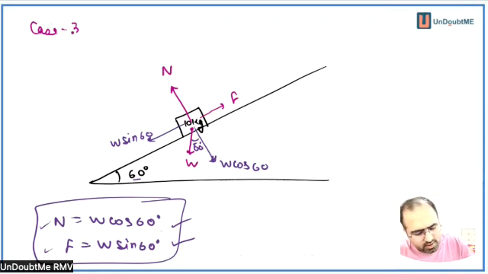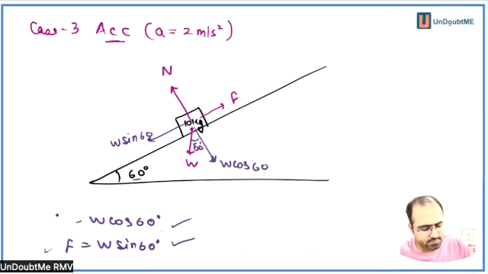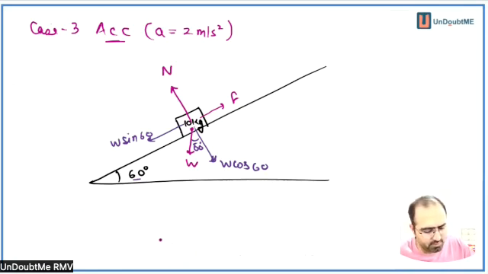In case number 3, it is moving with a certain acceleration and that acceleration is 2 meters per second square. You have the same diagram, everything is same. This block is moving down with an acceleration of 2 meters per second square.